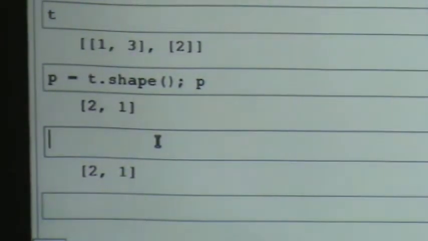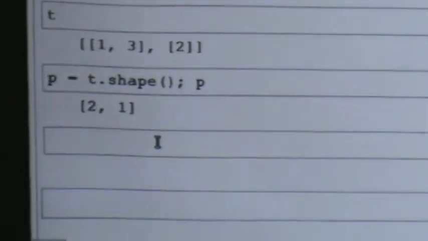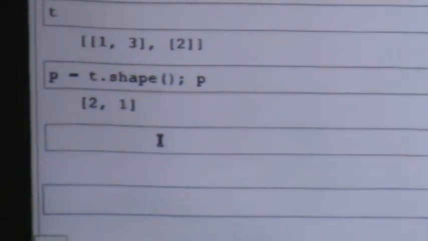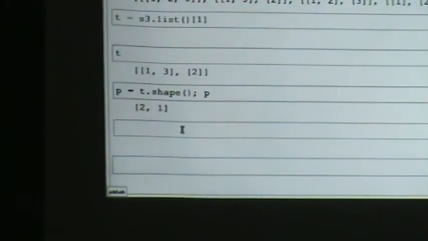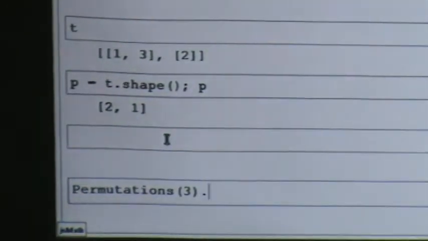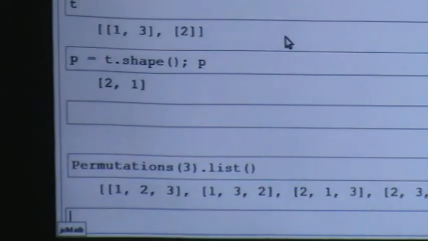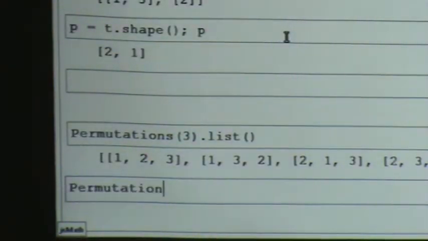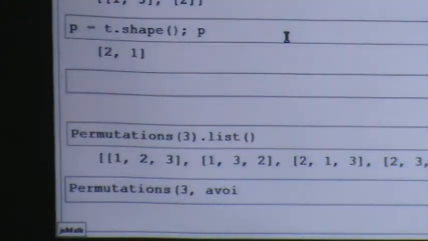So there's all sorts of these combinatorial objects that we have in Sage now. Some more examples would be, I could give you permutations of 3, and there they are. I could say, let's say I want the permutations of 3 that avoid the pattern 3, 1, 2.